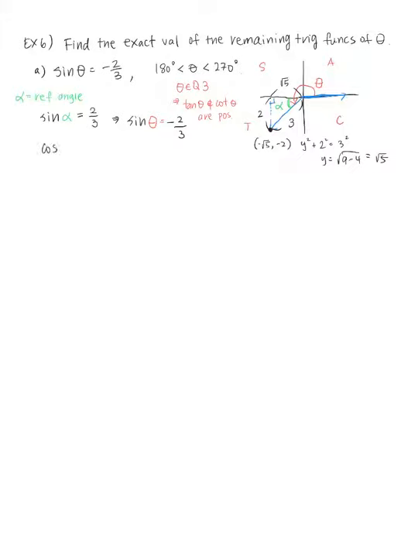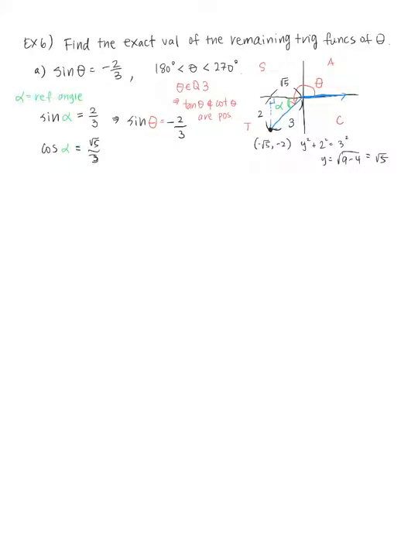But let's just take a look at the cosine then. Now cosine of a reference angle, so reference angle means forget about the positive, negative side of anything. Just look at the triangle as is. Cosine is adjacent over the hypotenuse. So the adjacent side of that triangle is square root of 5, and hypotenuse is 3.